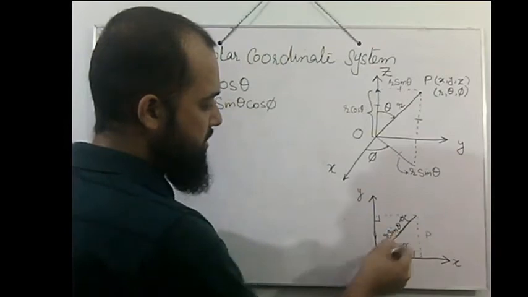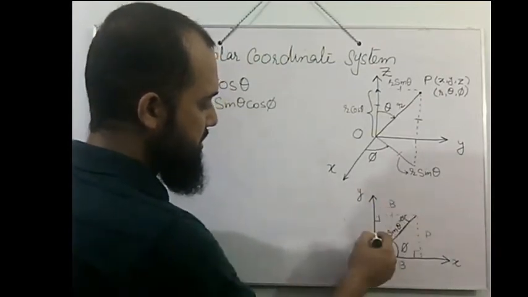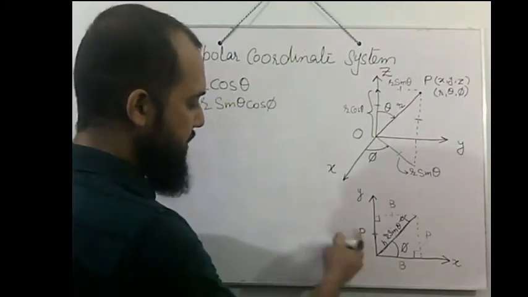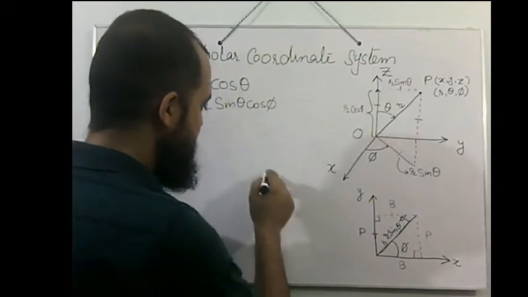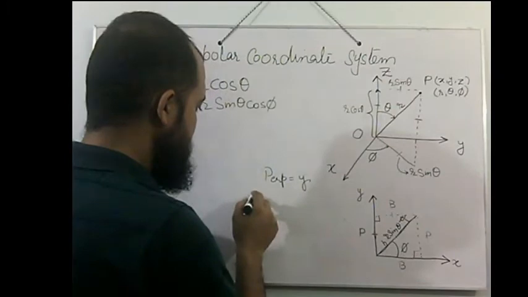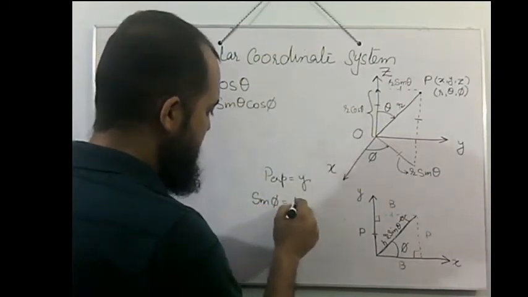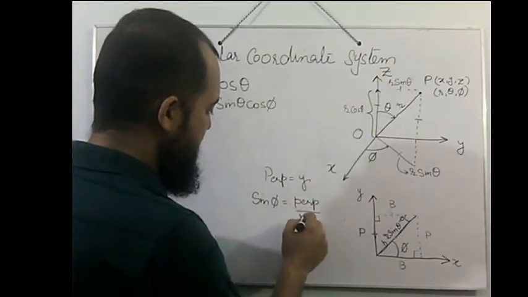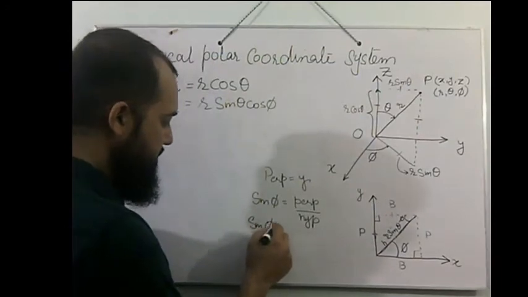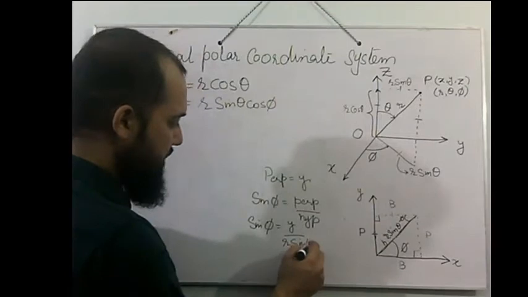We know that sin phi is perpendicular over hypotenuse, so sin phi is equal to y upon r sin theta.